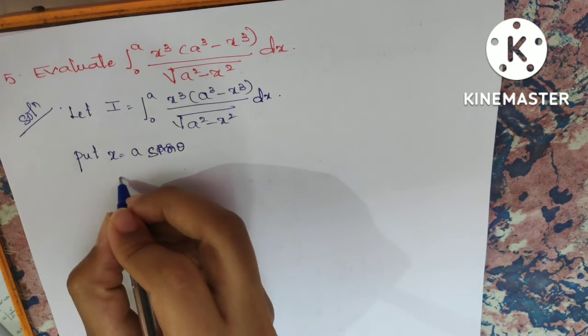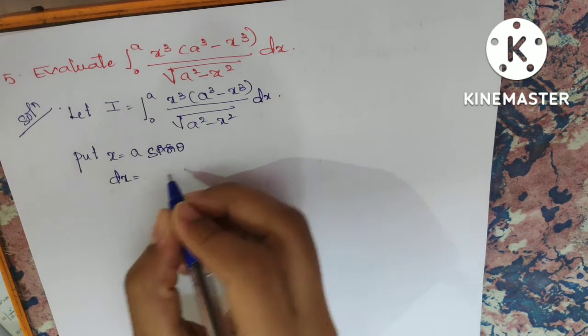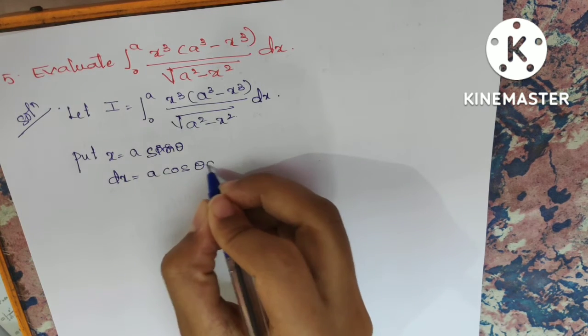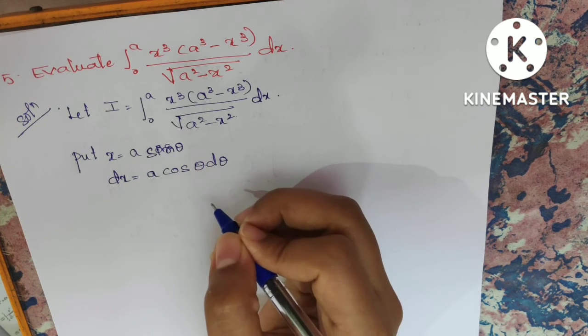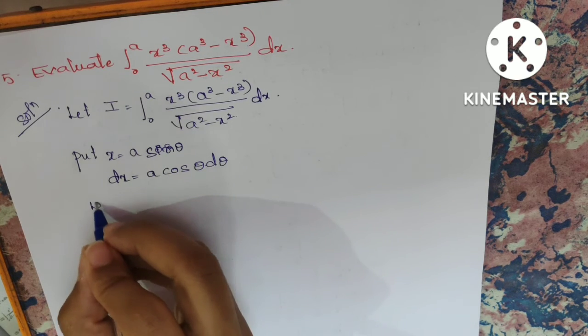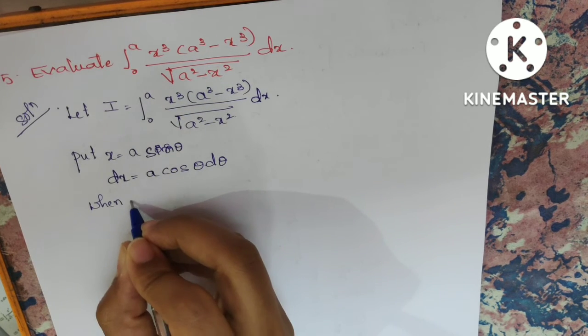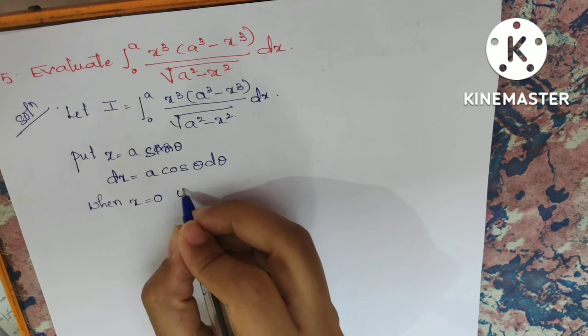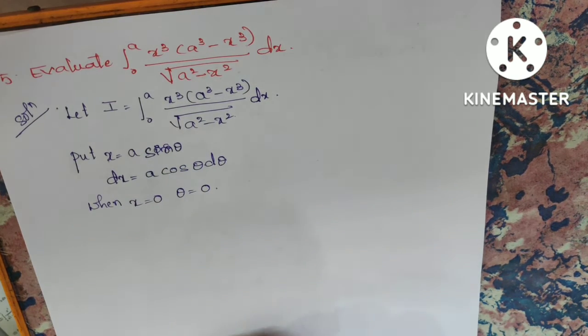Then dx will be dx equals a cos theta d theta. Now when x is 0, we get theta equals 0.